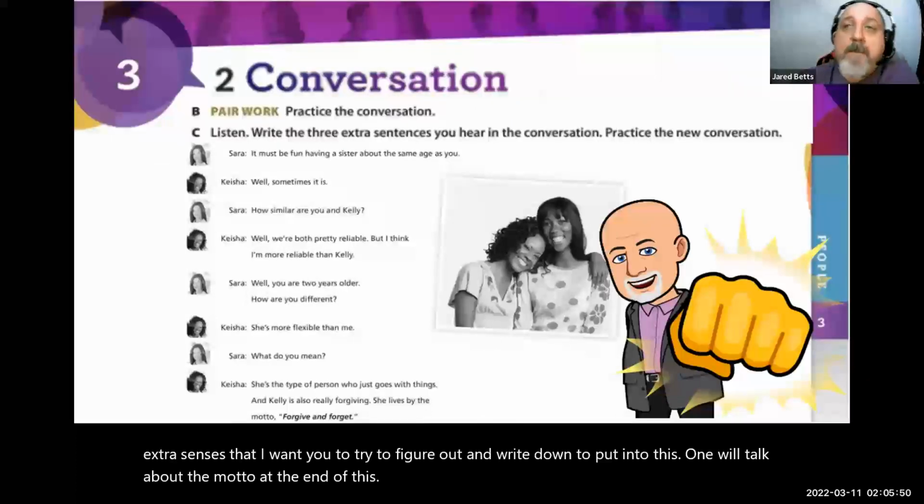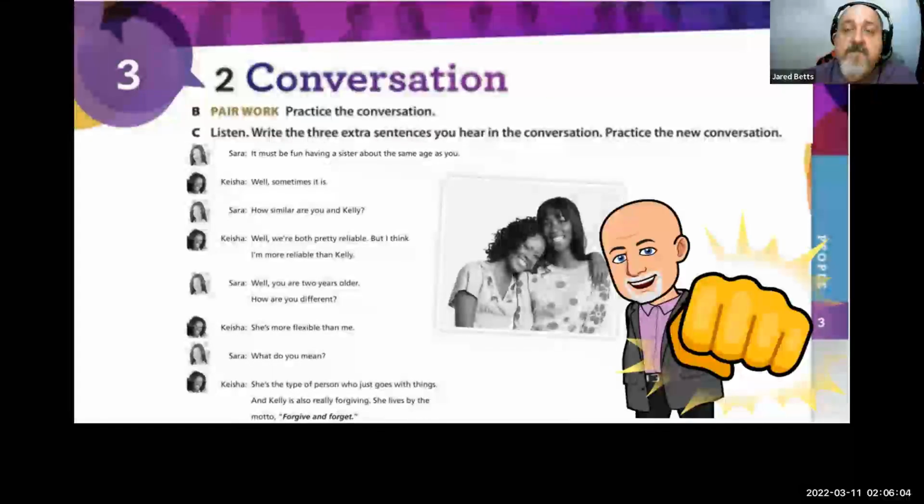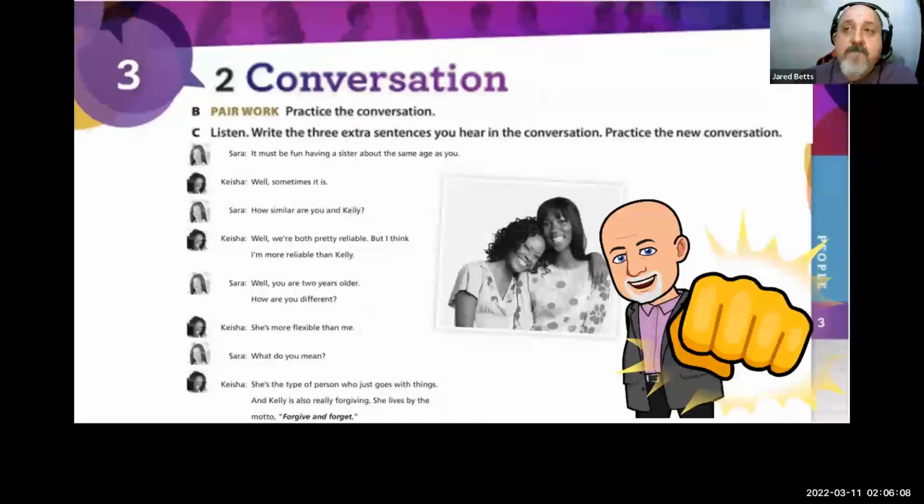It must be fun having a sister about the same age as you. Well, sometimes it is. How similar are you and Kelly? Or are you really different? Well, we're both pretty reliable, but I think I'm more reliable than Kelly. Well, you are 2 years older.